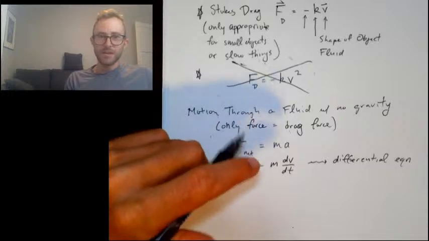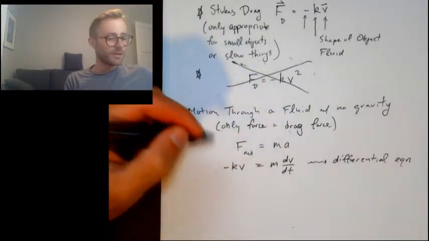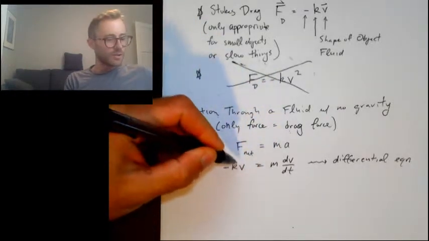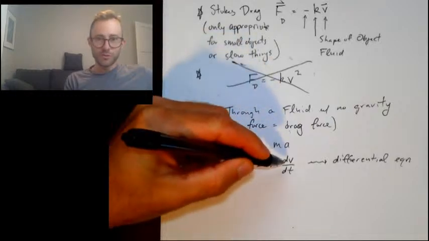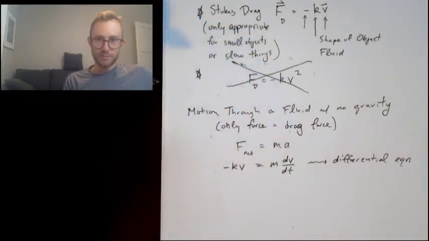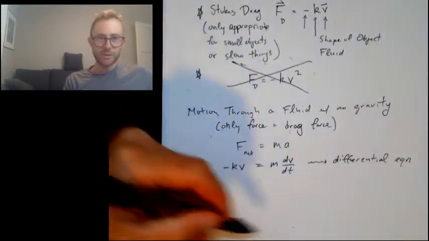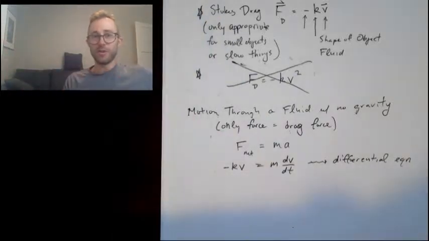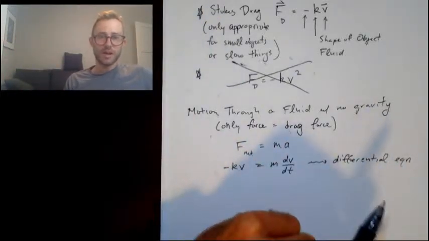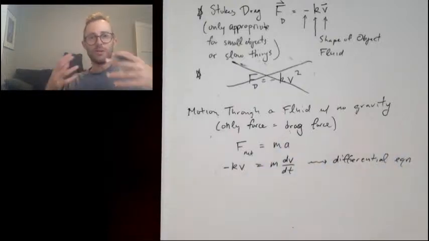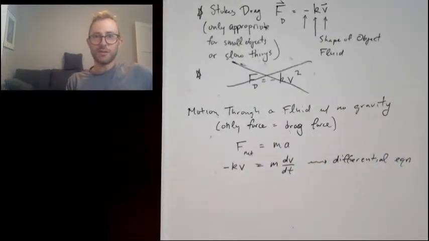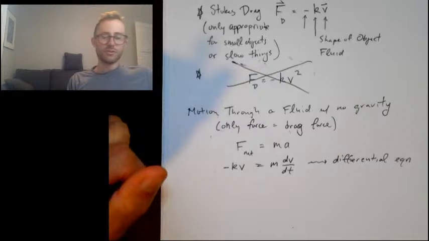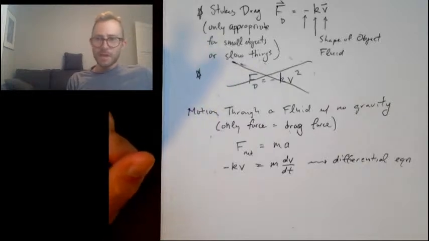But here, it's an equation for velocity that includes the derivative of the velocity. So we can't just solve this equation by rearranging variables. In order to solve it, we're going to have to do derivatives or integrals or something like that. So that's called a differential equation, okay?